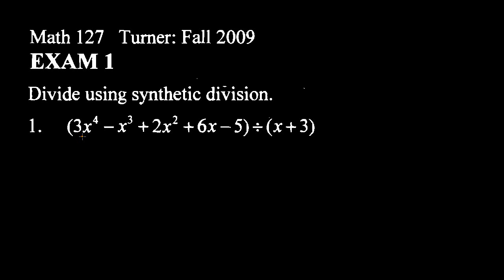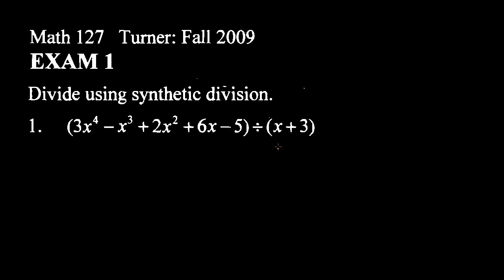So the dividend is x to the fourth, x cubed, x to the second, x, and then no degree for the last term, so the dividend's okay. Okay, how about the divisor? Yeah, it's x and then just a constant, so the divisor's okay.